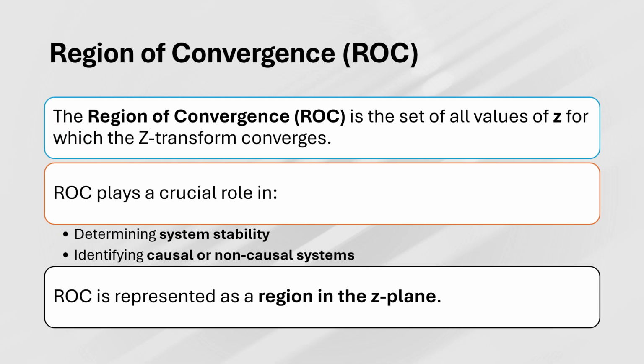In simpler terms, ROC tells us where the Z transform is valid. It is important to note that the same Z transform expression can represent different signals if their ROCs are different. Therefore, a Z transformation without ROC information is considered incomplete.